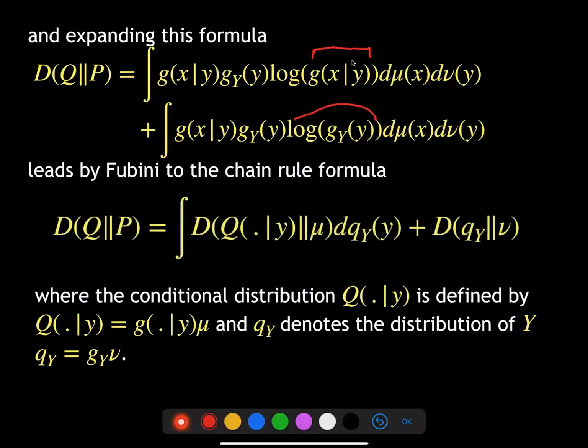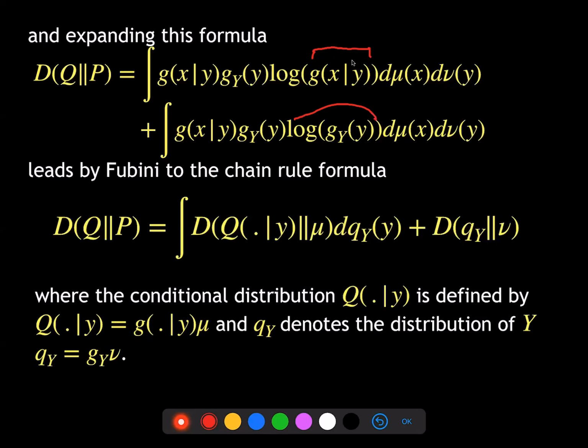And now the chain rule appears here. The first integral is a mixture under the marginal distribution of conditional relative entropies. And the second term is merely the relative entropy of the marginal distributions of Q and P respectively.